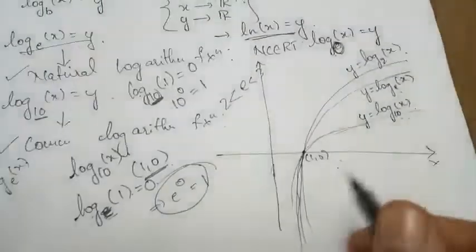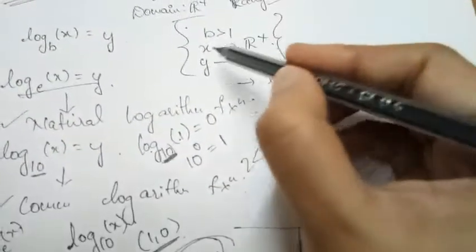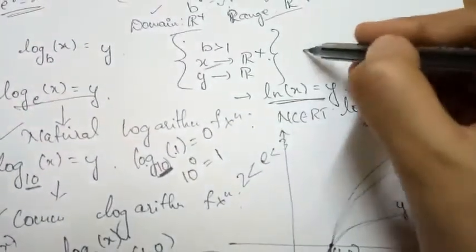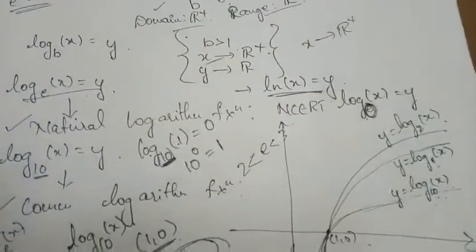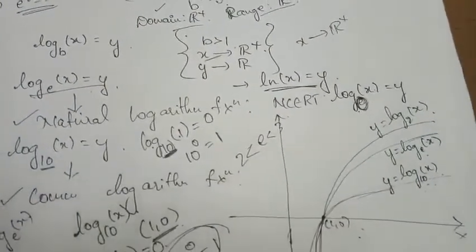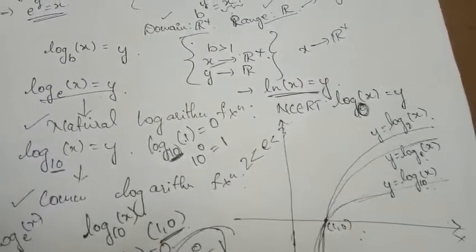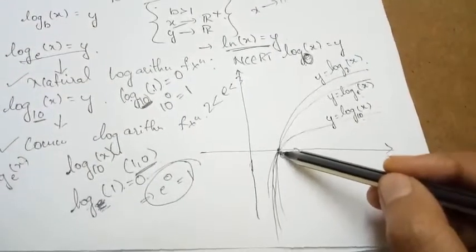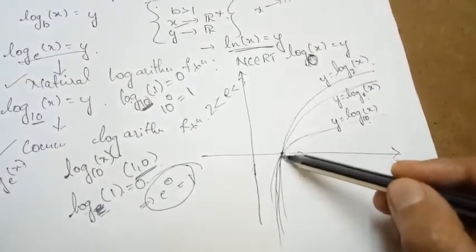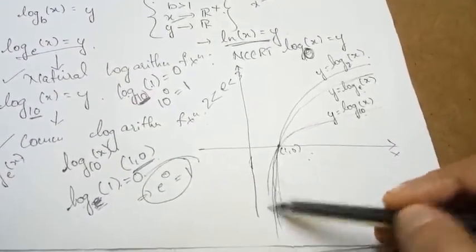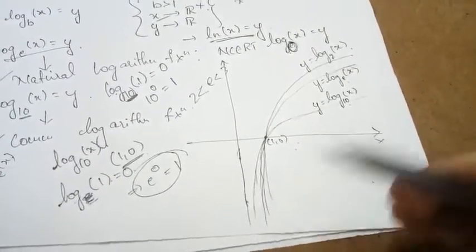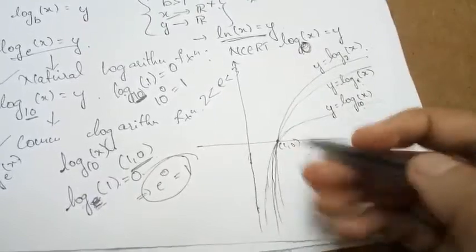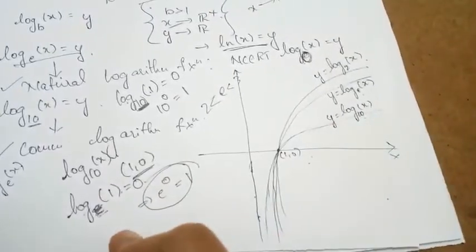But you can see clearly what I said here, x consists of the set of positive real numbers only. I mean the domain is the set of positive real numbers only, which cannot take 0 as well as negative values. So as we go with any positive real numbers, this curve approaches the y-axis, but it never touches or crosses the y-axis.